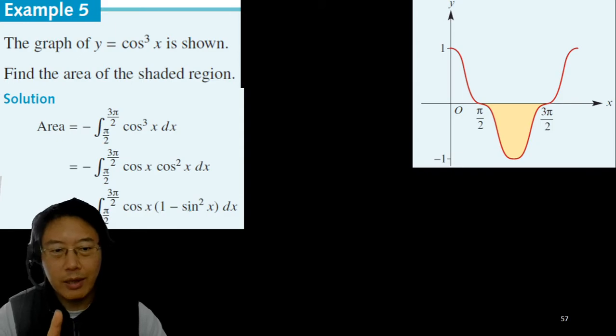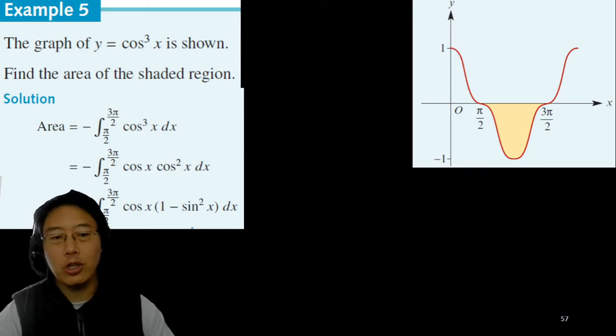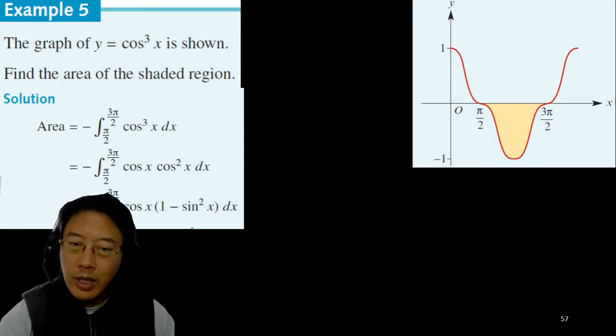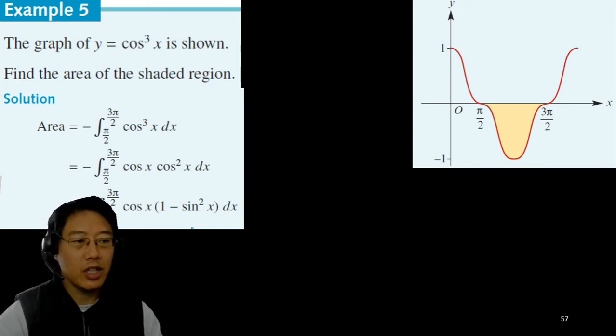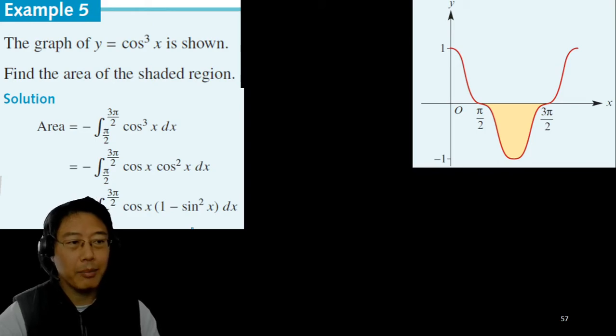Let me rephrase that. So u will be sine. When you differentiate u, that will give you cos. And by substituting, that cos will disappear, and that will give you a new integral in terms of u, which is a polynomial, and that will be easier to anti-differentiate. And then you will substitute u back by the sine of x.